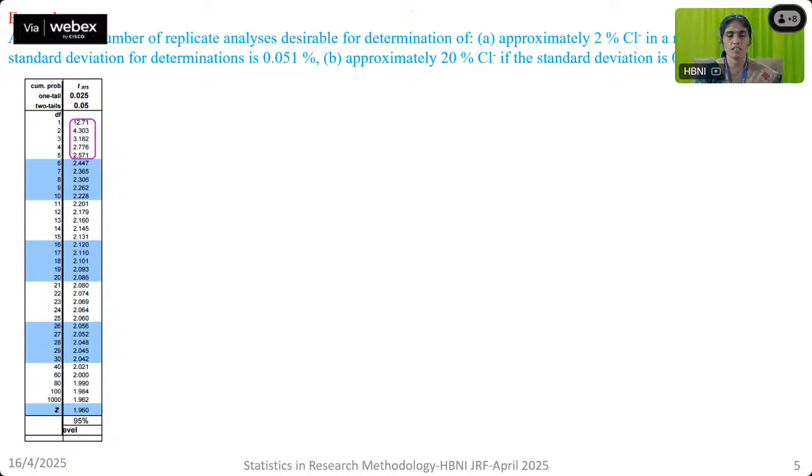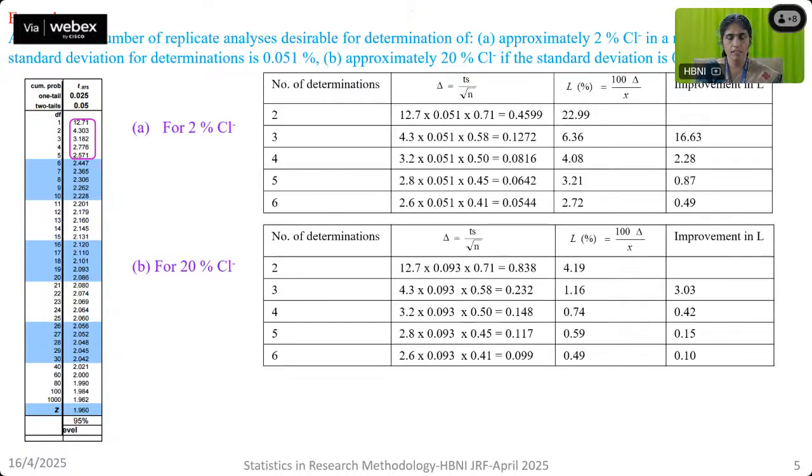Similarly, we calculate the delta, that is absolute error, and the reliability interval using the equations given in the previous slide. We can see that the delta values as well as the L values keep on decreasing as the number of determinations, which in turn reflects the degrees of freedom, increases.